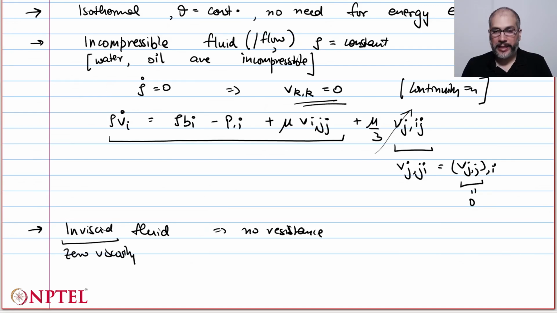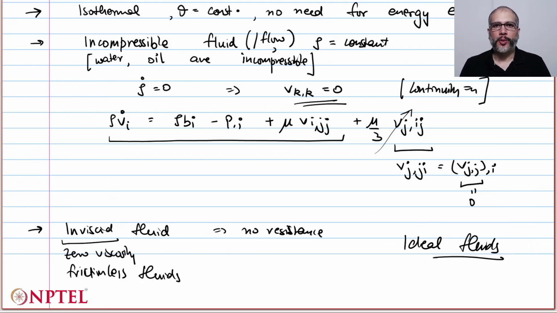Such inviscid or frictionless fluids are actually called ideal fluids, because the aim of a fluid is to flow. So a fluid that does not provide any resistance is termed an ideal fluid. So the viscosity mu is 0 for inviscid fluids. That means that you do not need any shear stress to sustain a rate of deformation because the viscosity is 0 here.